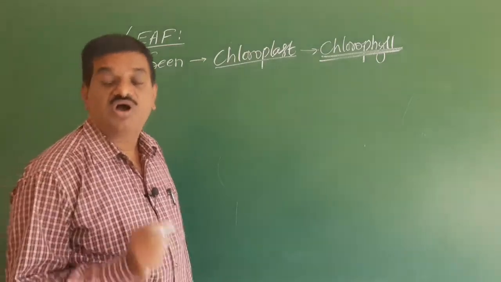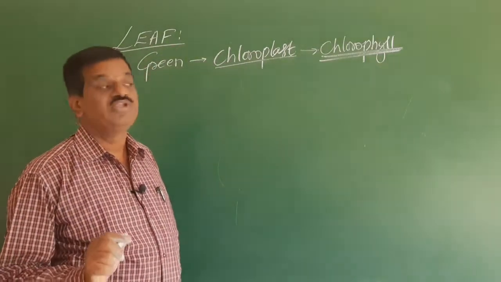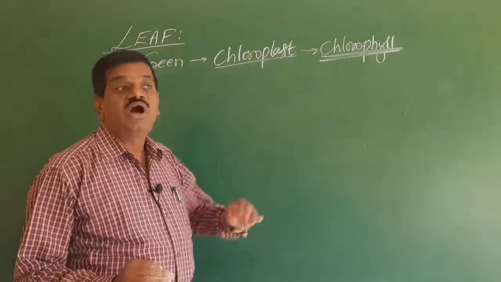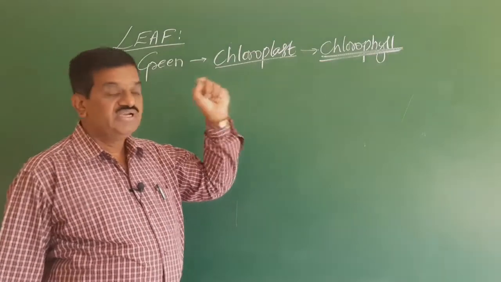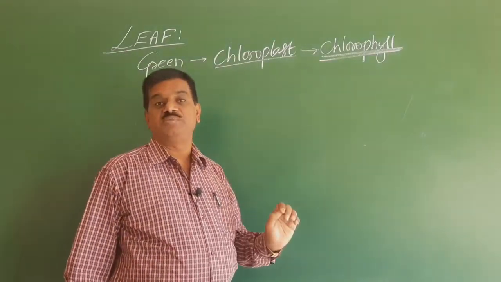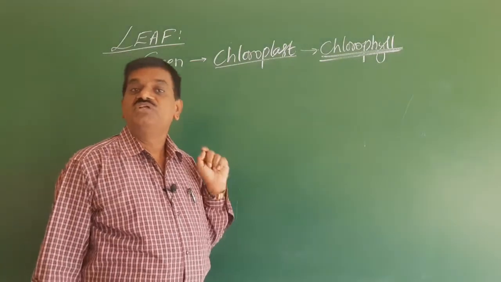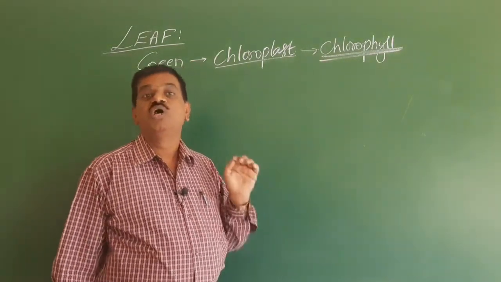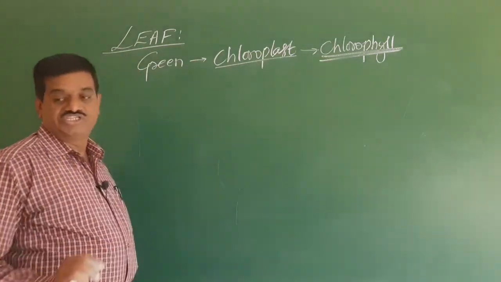So the leaf is always present on the nodal regions of the stem. Normally we can notice at the top side, at the tip or apex of the stem, the younger leaves are present. Towards the lower side of the stem there are bigger leaves, or older leaves. Like this the leaves are arranged.